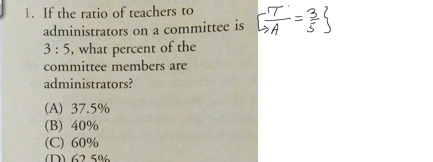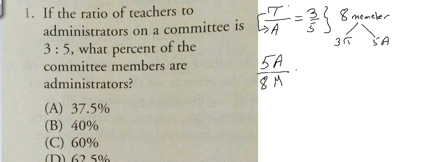Every 8 members in the committee, there are 3 teachers and 5 administrators. He's asking what percent of committee members are administrators. So we have 5 administrators in 8 members, and the ratio will be 5 to 8.